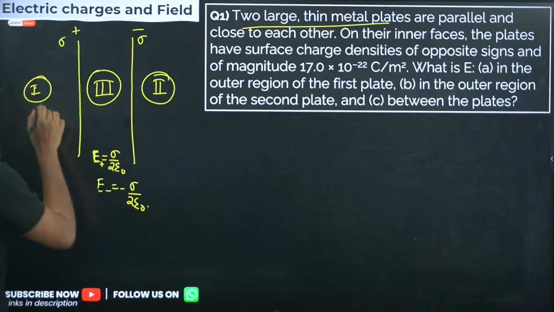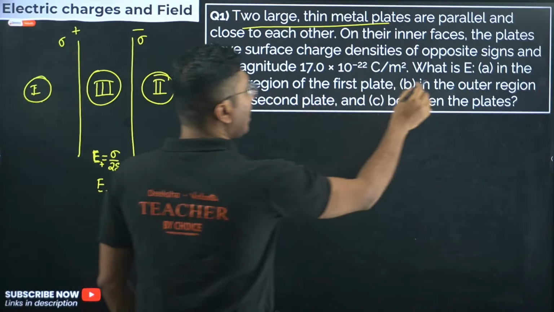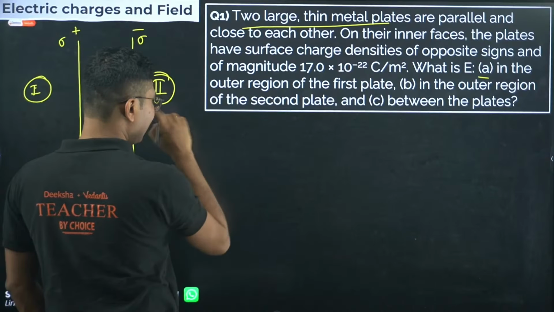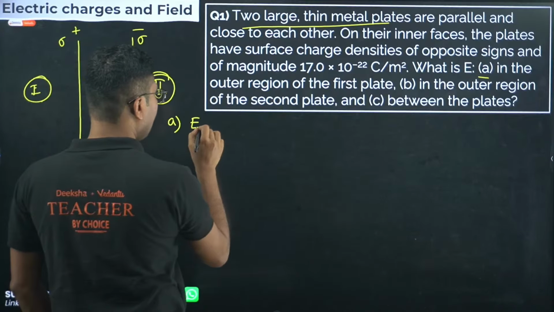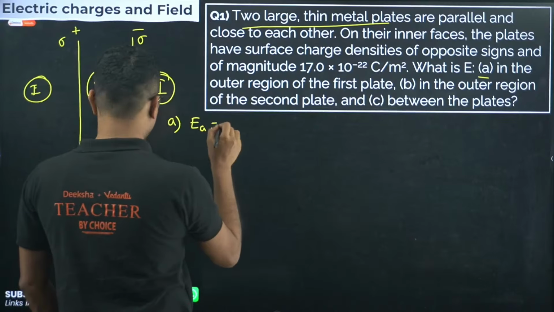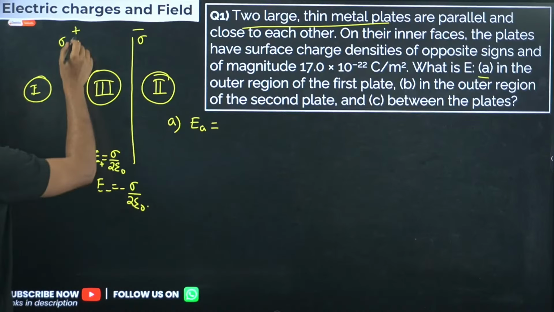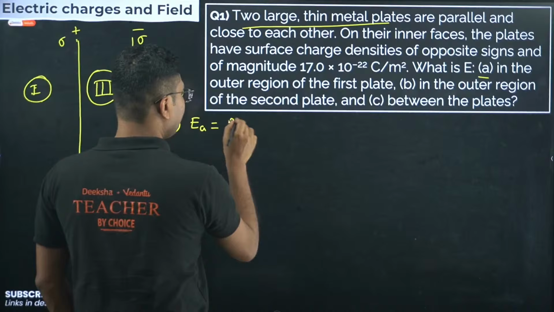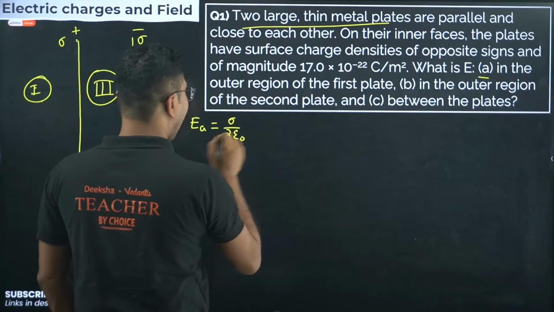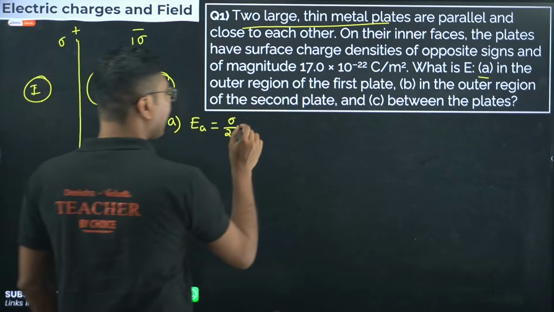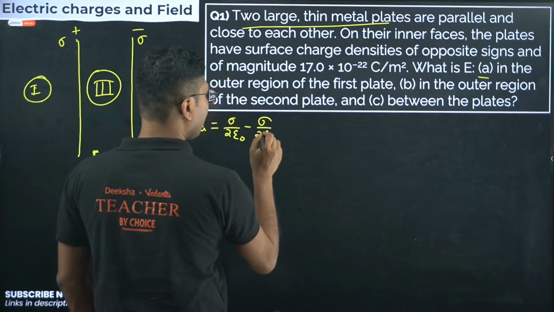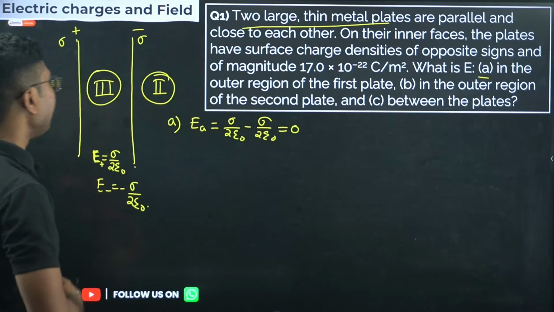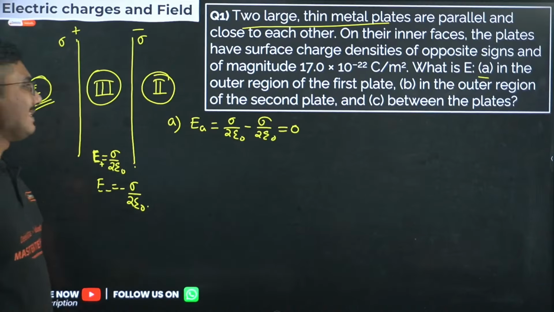So the electric field in region 1, that is part A in the question, EA, is equal to plus sigma by 2 epsilon naught due to the positive plate and minus sigma by 2 epsilon naught due to the negative plate, so it will be 0. The net electric field at region 1 will be 0.